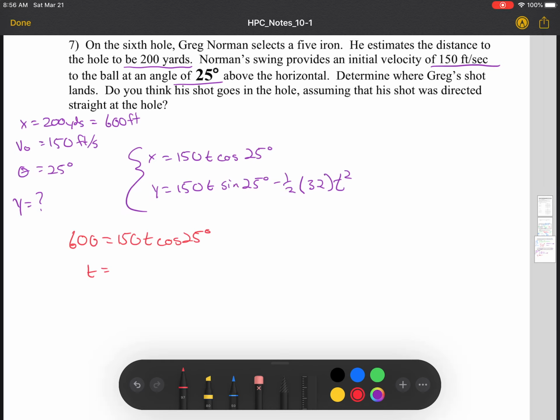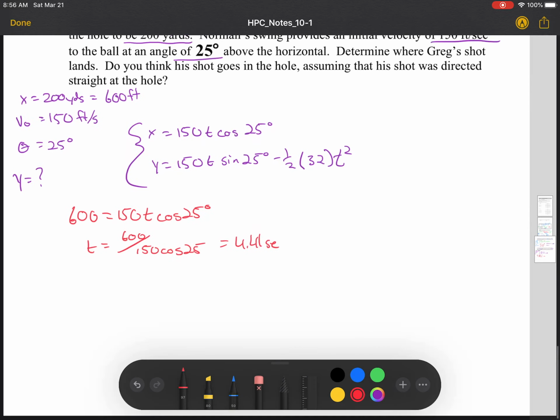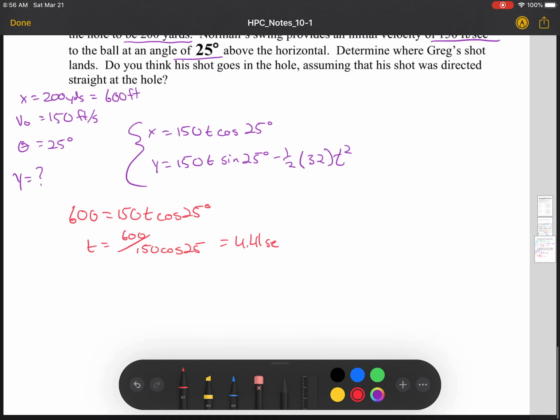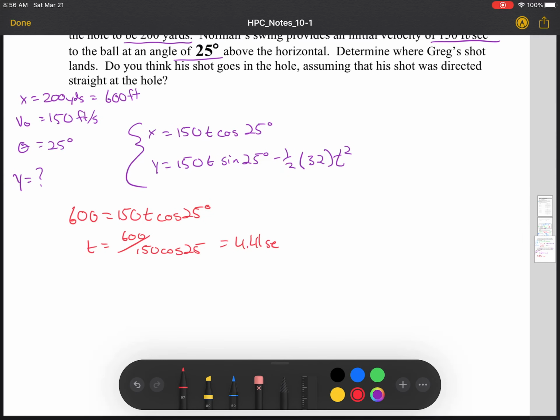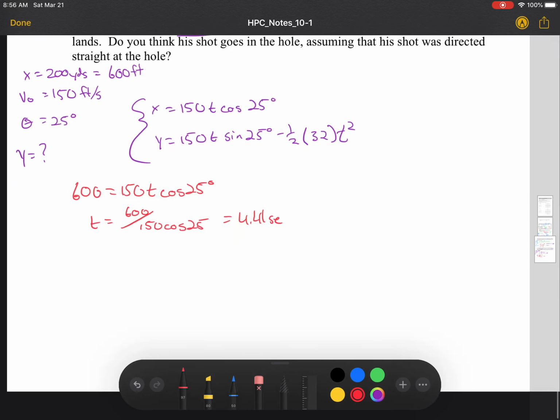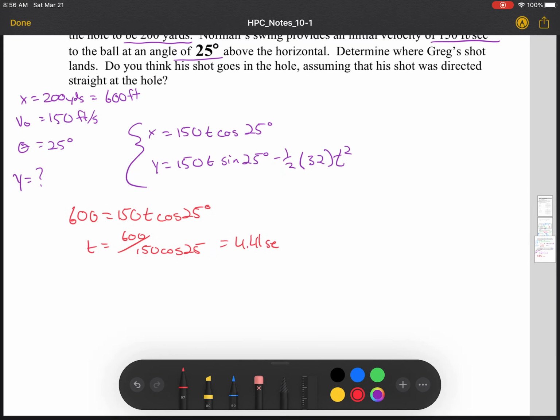We should get t equals 600 over 150 cosine 25, which equals 4.41 seconds. Okay, plug that into your y equation. Sorry about that.